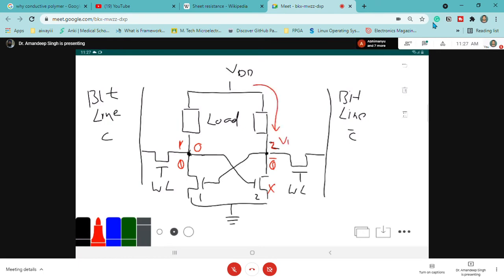So VDD will be here since there is no path, and this VDD in turn will turn on this. And if this is turned on, this is connected with ground. So as long as there is no value from outside, this cross-coupled inverter is going to store 0 on this and 1 on node 2, means VDD here.